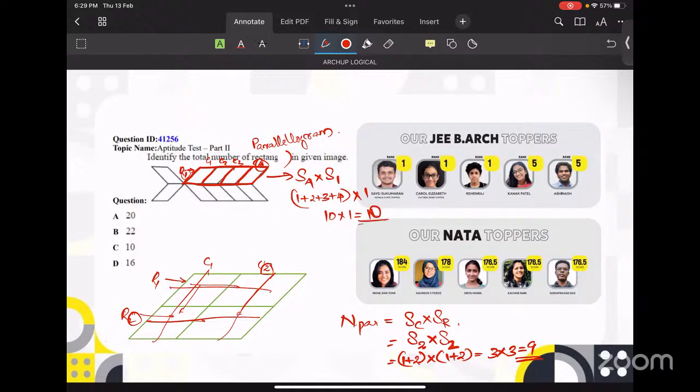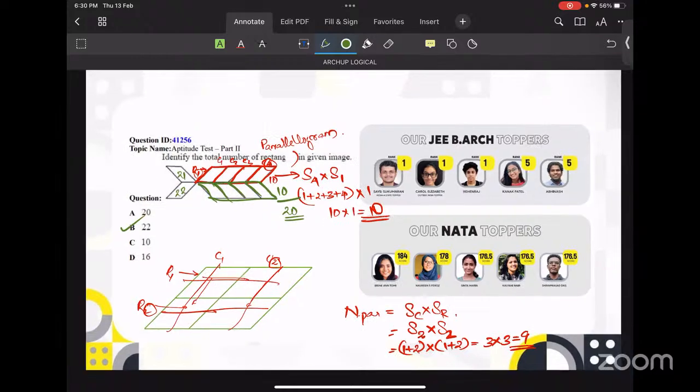If you come to the mirror image like figure over here, this is also 10. So 10 plus 10, 20. It is not over right now. This is the 21st one, this is the 22nd one. Option B is the right answer.